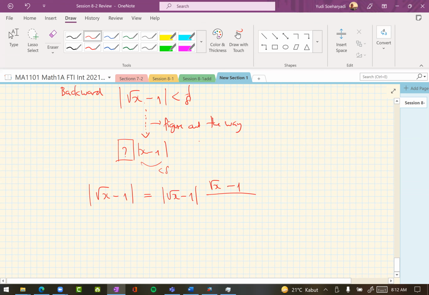This is a magician's trick. So then this gives you a minus b times a plus b, so you get a squared minus b squared. Get x minus 1.